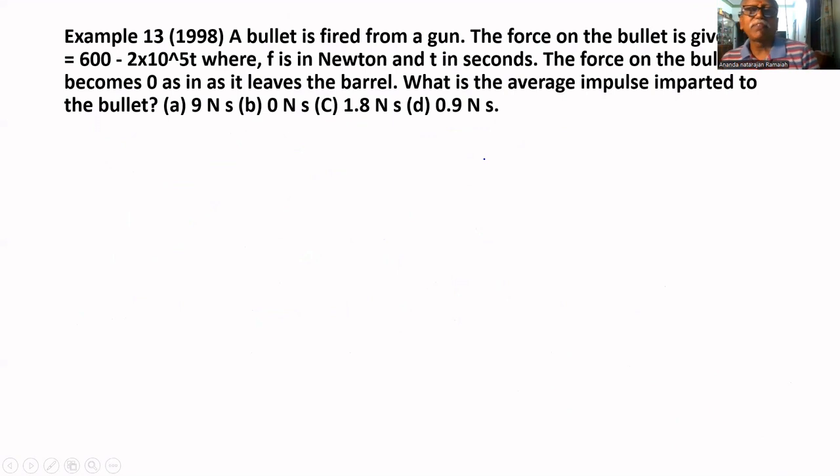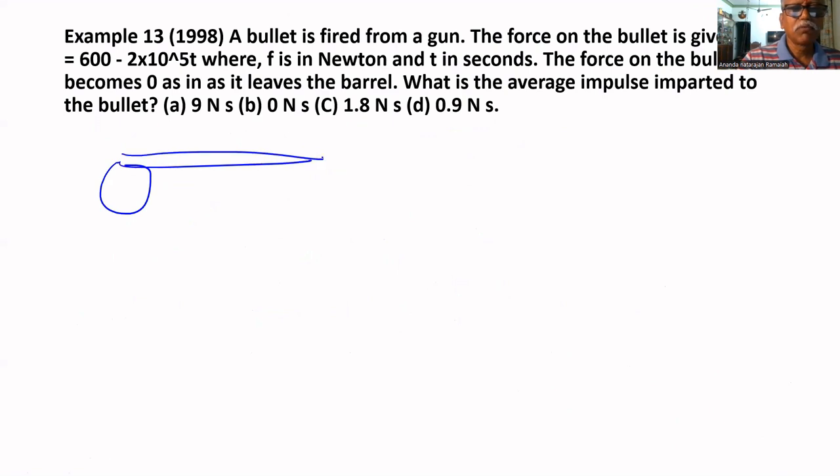A bullet is fired from a gun. This is the gun. From that, a bullet is fired.